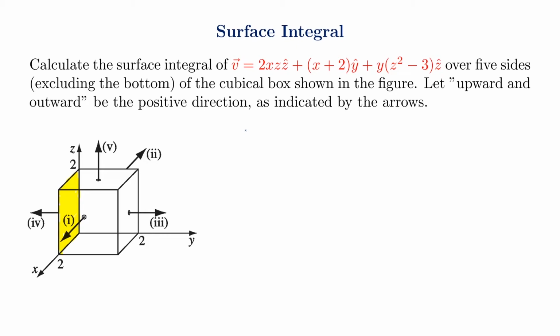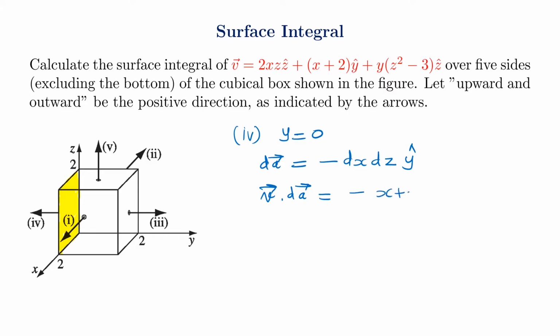We will now calculate the surface integral for the surface for which y equal to 0. In this case, dA will be equal to negative of dx dz times y hat. Therefore, v dot dA is equal to negative of (x plus 2) dx times dz.